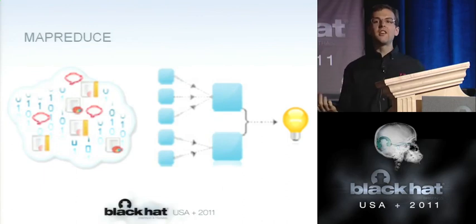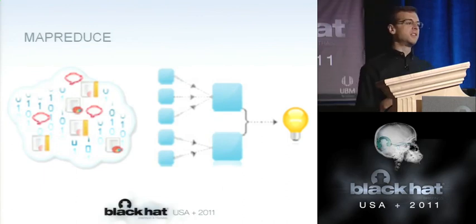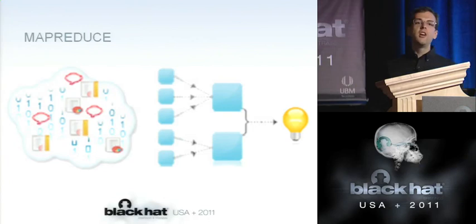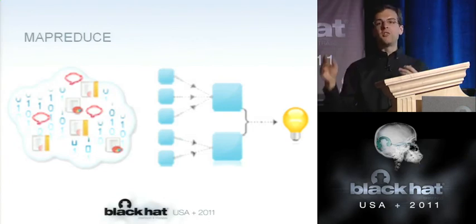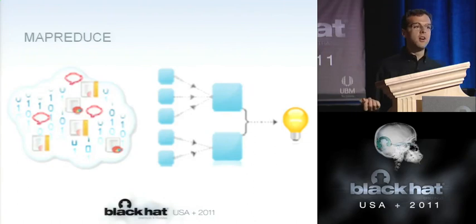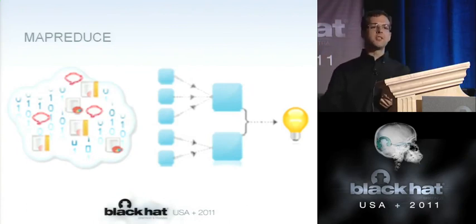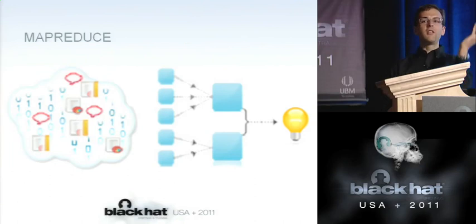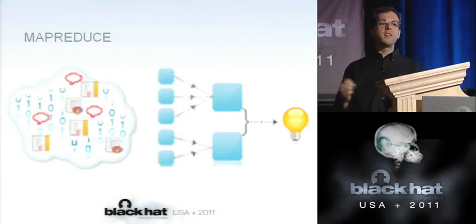The canonical example of MapReduce is, hey, we have a book and we want a word count for each of the individual words within it. How many times does the word "the" appear? How many times does the word "browser" appear? If you were to go through that in a single process, it could take a while. A better way is to parallelize it across as many machines as you have access to.